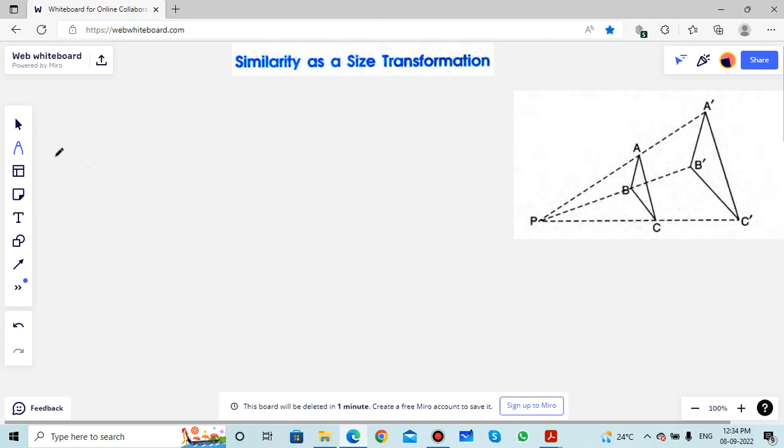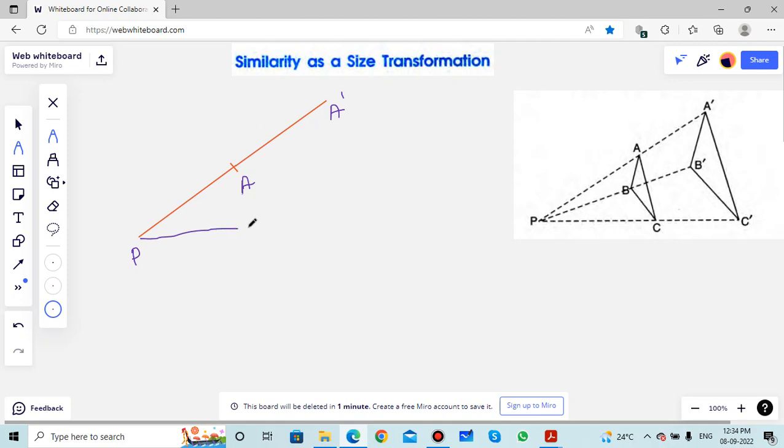So what I basically mean is that if there is a line like this, I will produce it further so that this length is doubled. If this is P, this is A, this is A dash, then PA dash is double of PA.